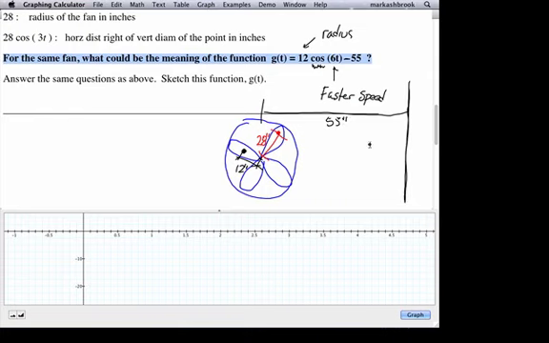Remember, cosine is the distance from what? Oh, from the vertical diameter. So as time goes by, from the vertical diameter, it's going to be positive, negative, as far as 12 inches, right? And then we're going to subtract 55.